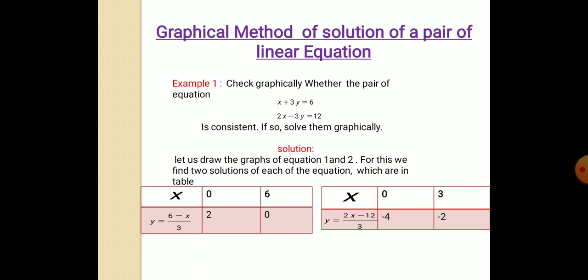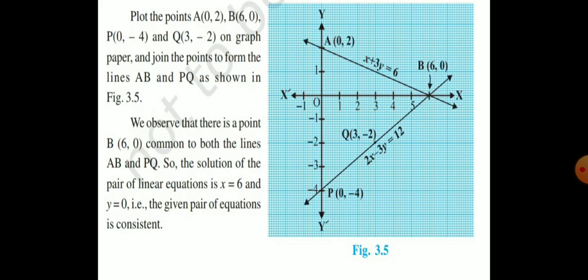In the second equation, x equal to 0 gives y equal to minus 4, and x equal to 3 gives y equal to minus 2. There is the graph, and the solution of this pair of equations is the point (6, 0).